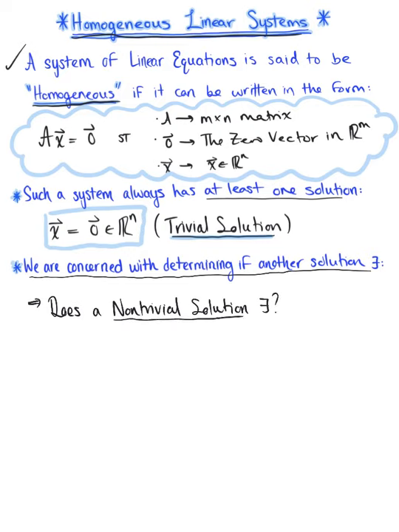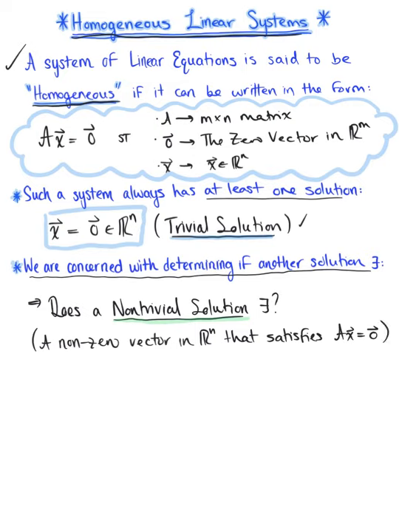So looking at the definition of a trivial solution, we can say that a non-trivial solution is a non-zero vector that satisfies the homogeneous equation. So we are looking for a non-zero vector in Rn that satisfies the homogeneous equation. Matrix A times vector x equals the zero vector.